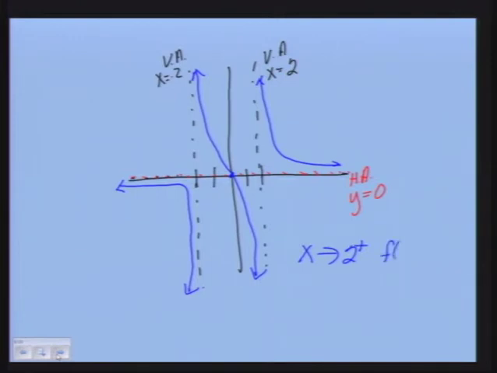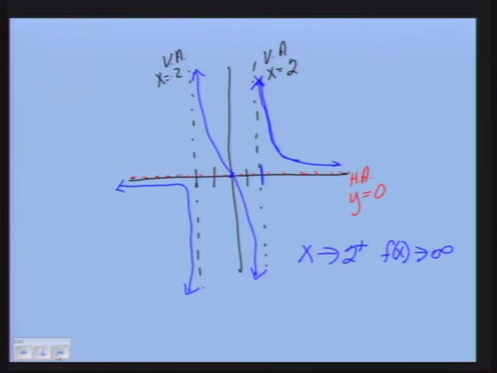What is f of x doing? It's headed toward what? Well, we find 2 here. We go to the right. We start heading toward it. As x gets closer and closer to 2, y is getting closer and closer to what? Positive infinity.